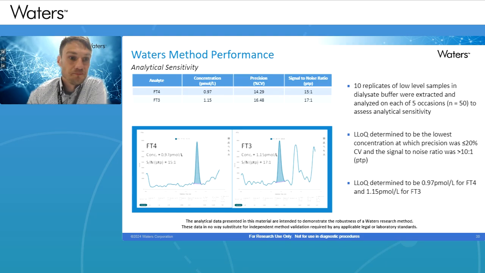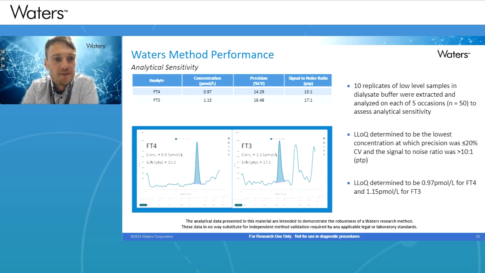And we found the lower limit of quantification to be 0.97 picomoles per litre for fT4 and 1.15 picomoles per litre for fT3. And this is the point where our CVs were less than or equal to 20%, and our signal to noise ratio, having been processed by peak-to-peak, was greater than 10:1.